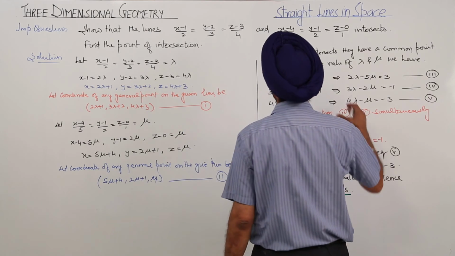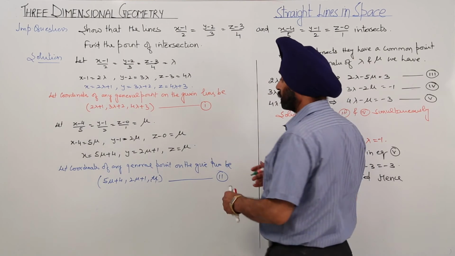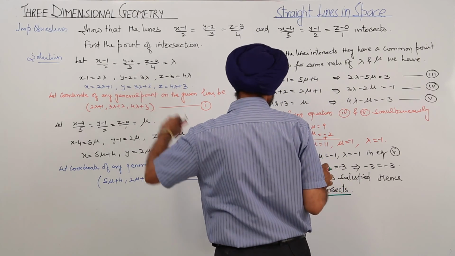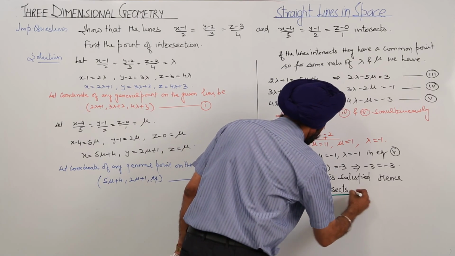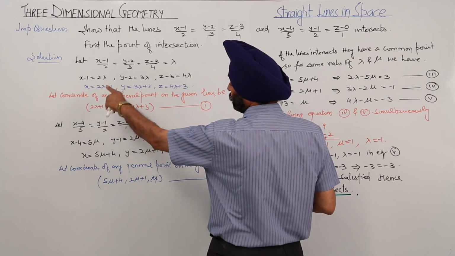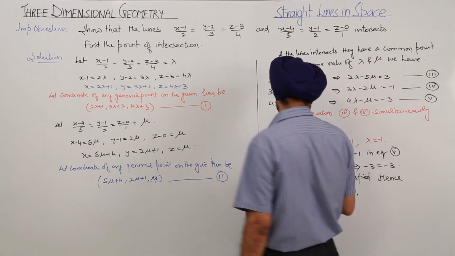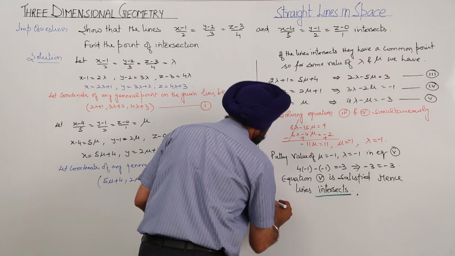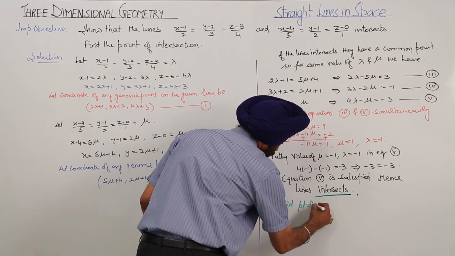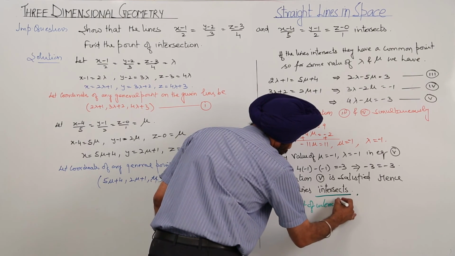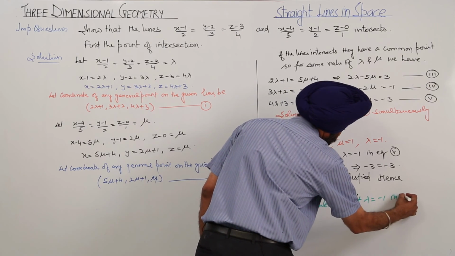Now we have to find the point of intersection. They have asked us to find the point of intersection, so we can put the value of lambda or mu in either equation, since the lines are intersecting. To find the point of intersection, put lambda = minus 1 in equation 1.